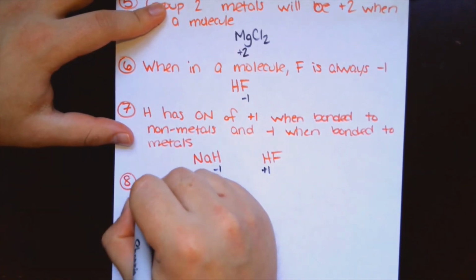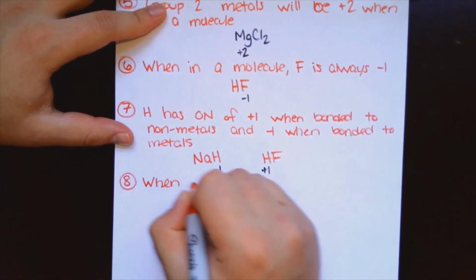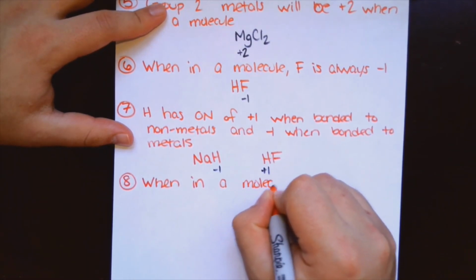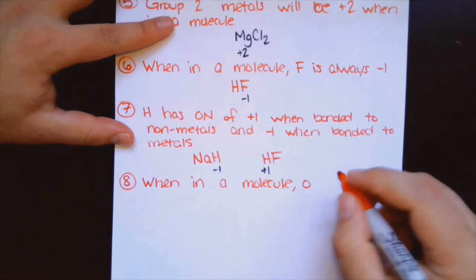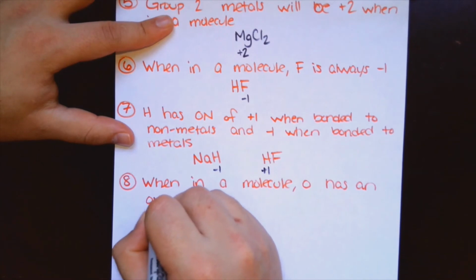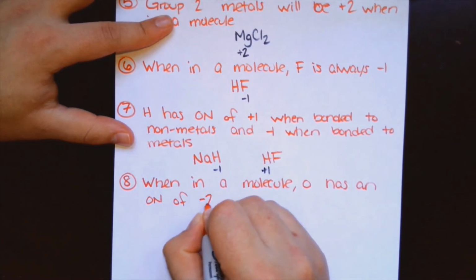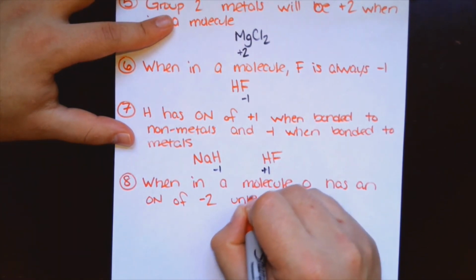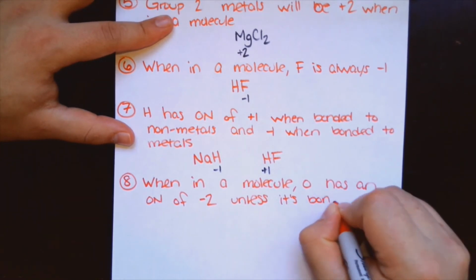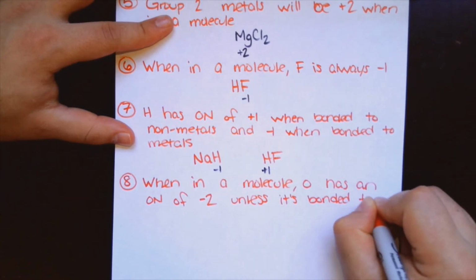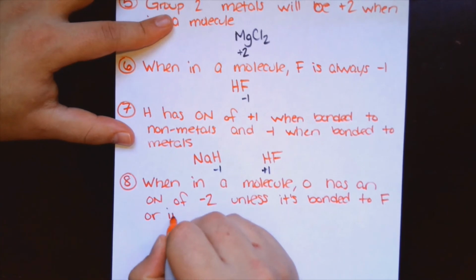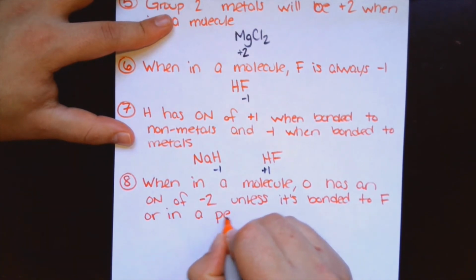So, when in a molecule, oxygen has an oxidation number of -2 unless it's bonded directly to fluorine, or in a peroxide.